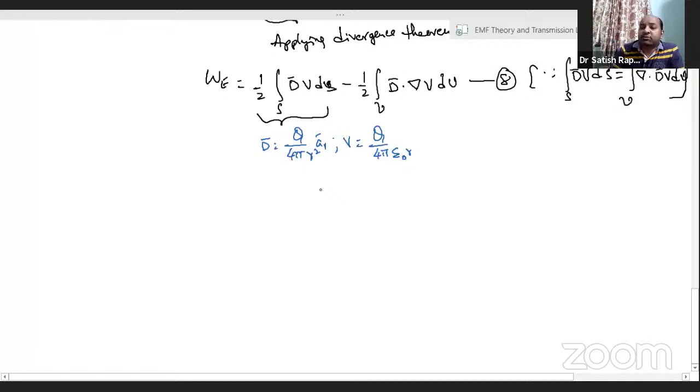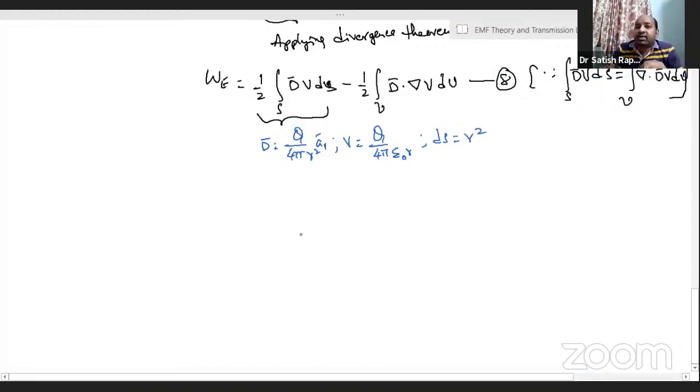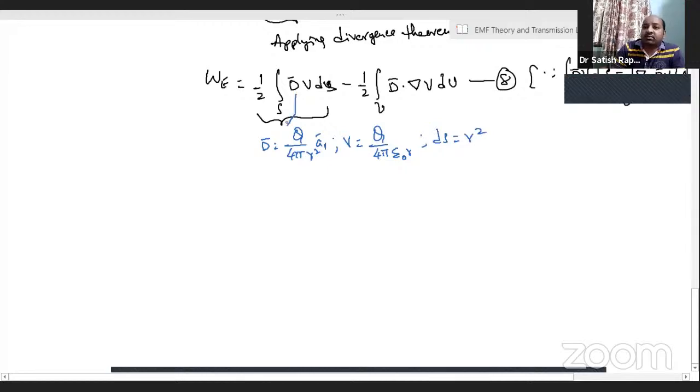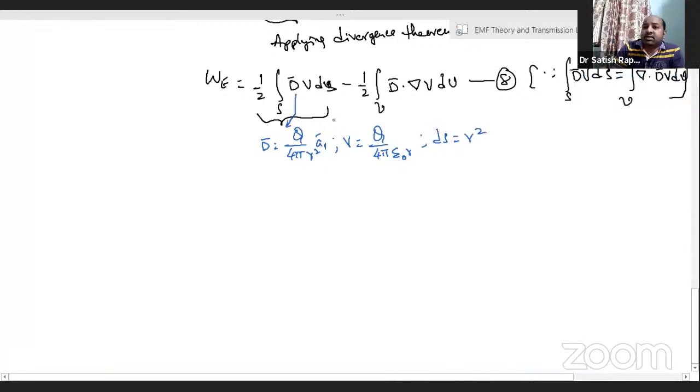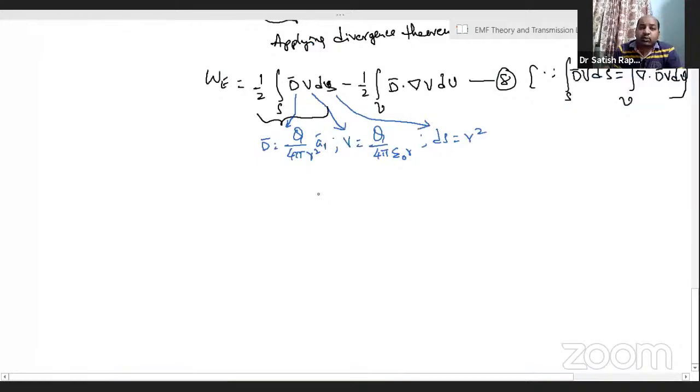And dS is r square. So D bar is this, V is this, and dS is r square.